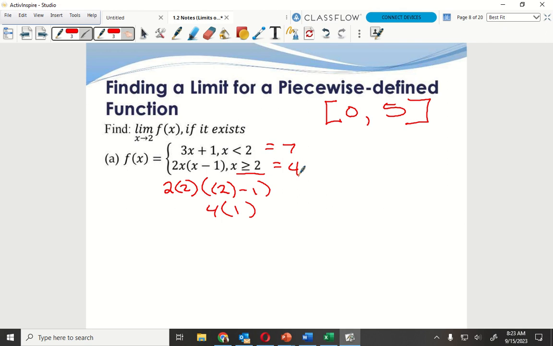Technically it's a fall, but still, remember, as a roller coaster, it would look like this. It would be going up like this, and then there is a hole there, and if this is my graph, this would be at 7 right here, and the next one picks up at 4. So let's call this one right here a solid dot, and my slope is positive.